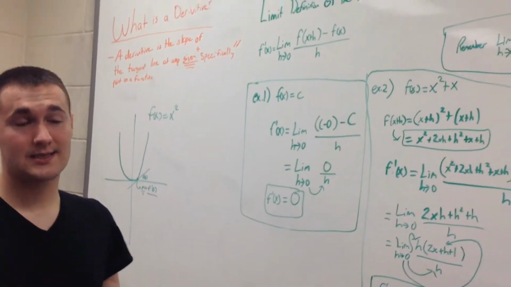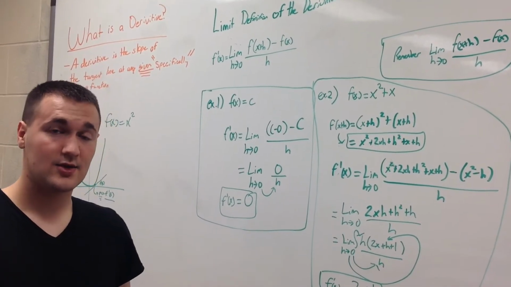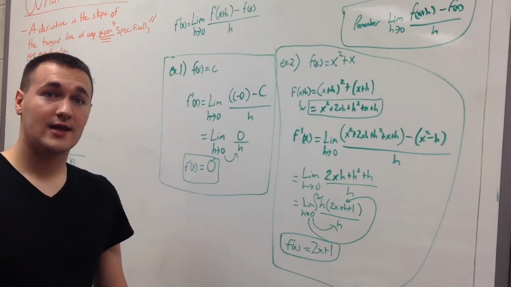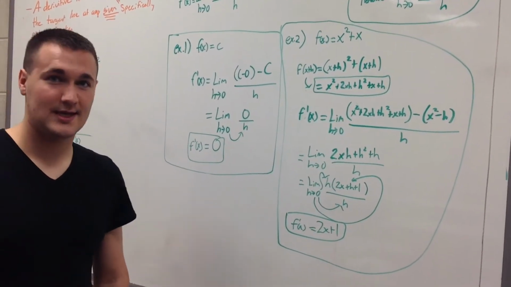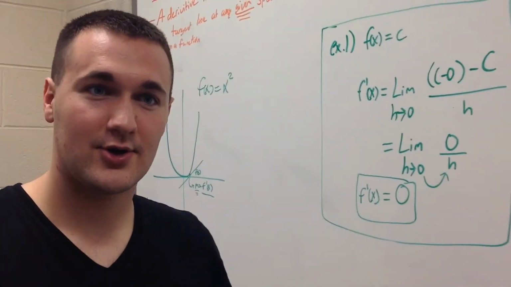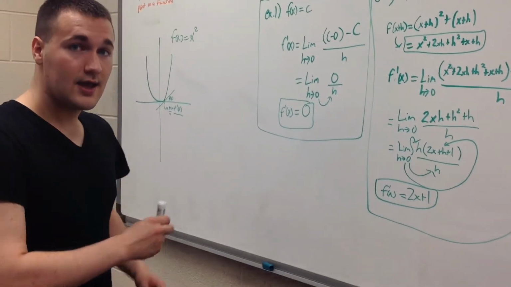One of the easiest to realize and memorize is a constant going through this whole function, because the derivative of any constant, which is just a number, 5, 4, 6, whatever, is 0.